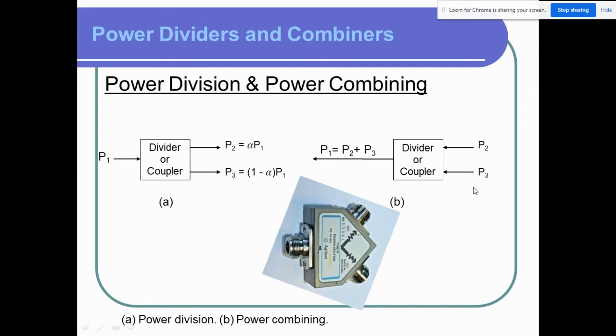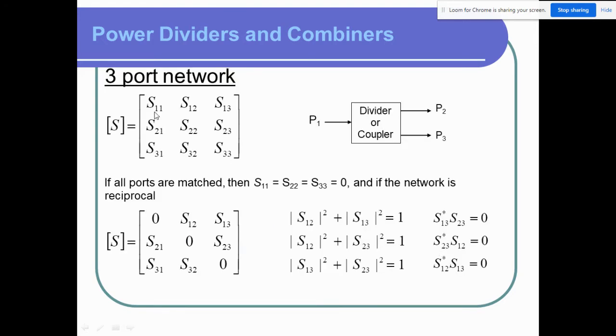Regardless of the frequency, if one has 1 watt and the other has 1.5 watt, we'll have around 2.5 watt here. However, for the resistive one, there is some reflection. We already talked about it, and we will know about it later on. And this is the basic 3-port network. I already discussed it a little bit in the previous lecture.